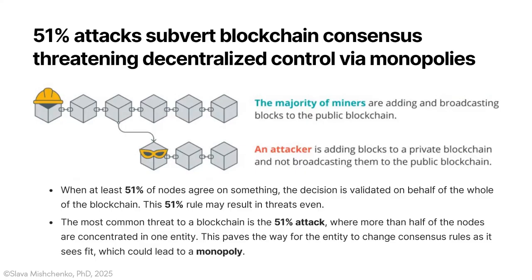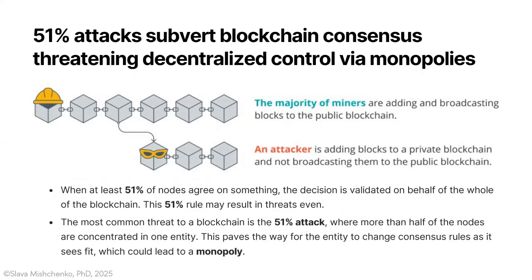And here is where it gets concerning, because if an entity controls more than 51% of the network's mining power, they could potentially force the network to accept their private chain as a legitimate one, and this would effectively allow them to rewrite transaction history.